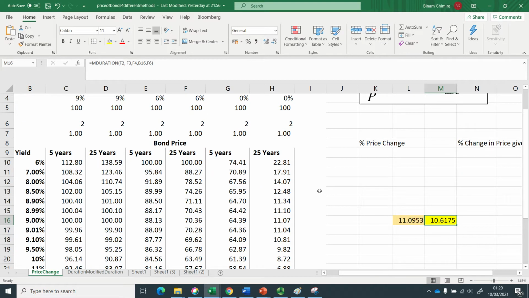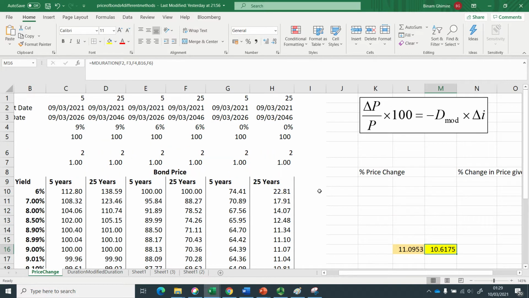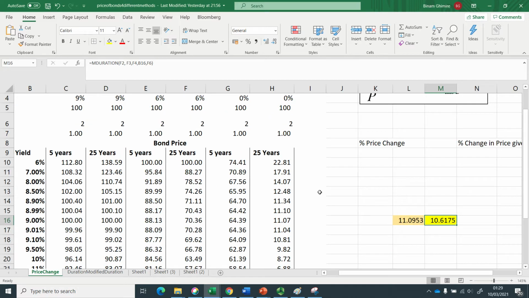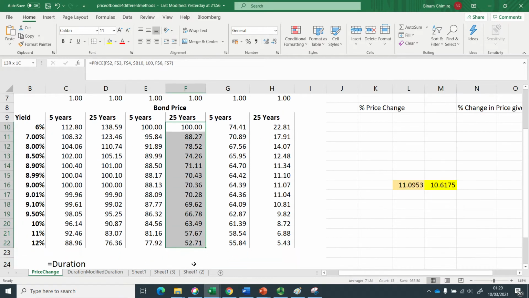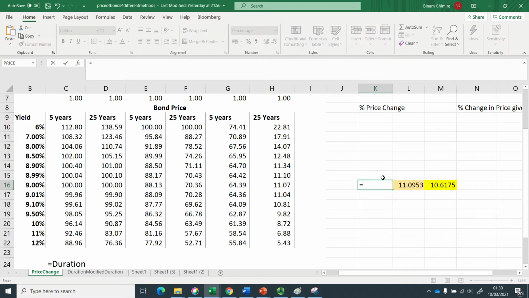So what we want to do now is see the application of modified duration. Firstly, in order to understand that, it is important to find the percentage price change as a result of change in yields. Here, the percentage price change would be 0 if I do it for the same number, and that's correct.